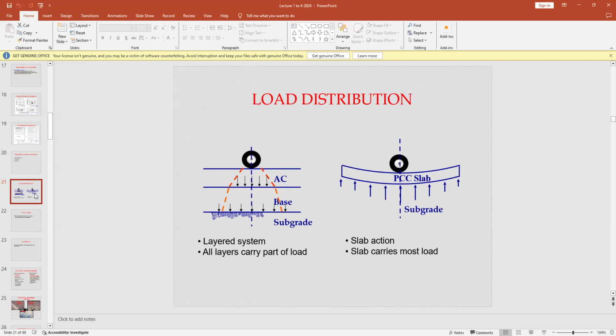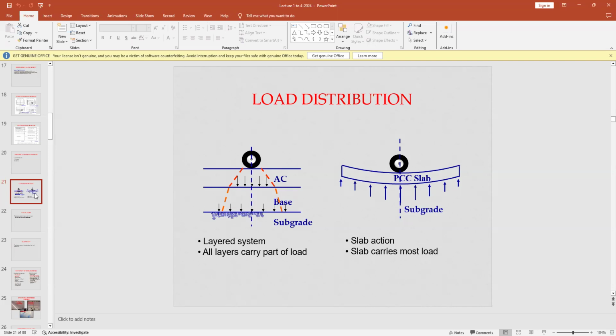That's why even though it's also a concrete, some of the load is also carried by the base. You see the presence of base in asphalt concrete means some load taking action. While in a PCC slab, the aggregate base is not required for strength purposes.